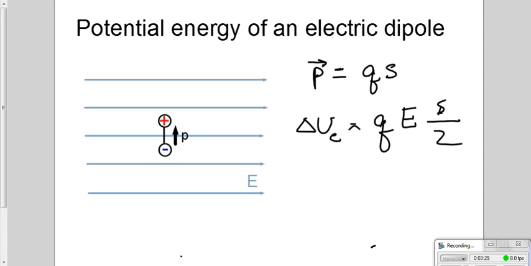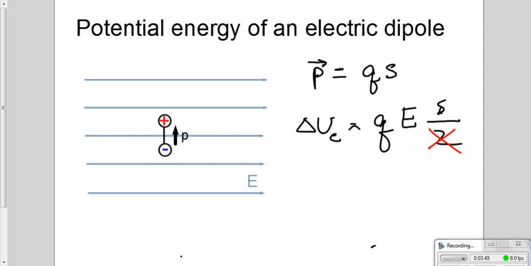We have two charges that are each getting into a lower potential energy state. So what that does is it basically doubles this thing, and we can just cancel out that 2. So as a system, the entire dipole is lower by an amount of Q times E times s.